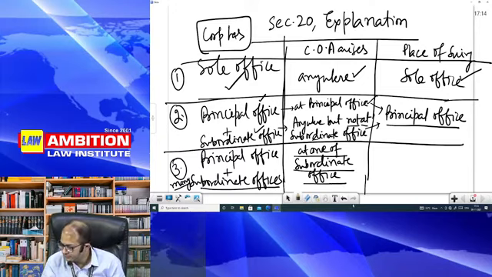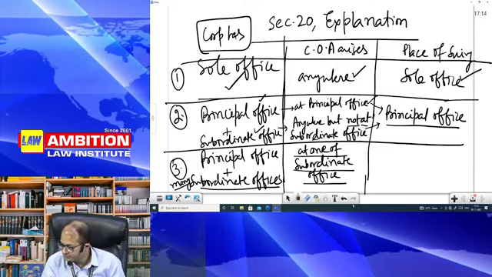Now then there is a question: can parties confer jurisdiction on a court? This is the question.